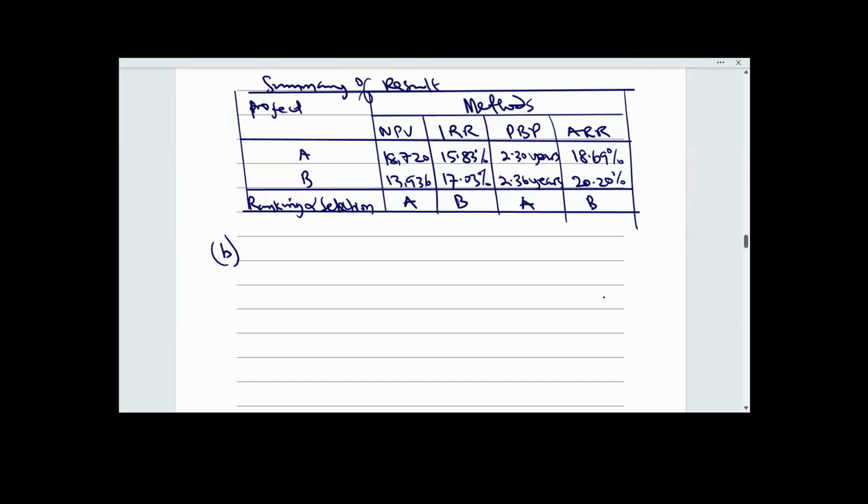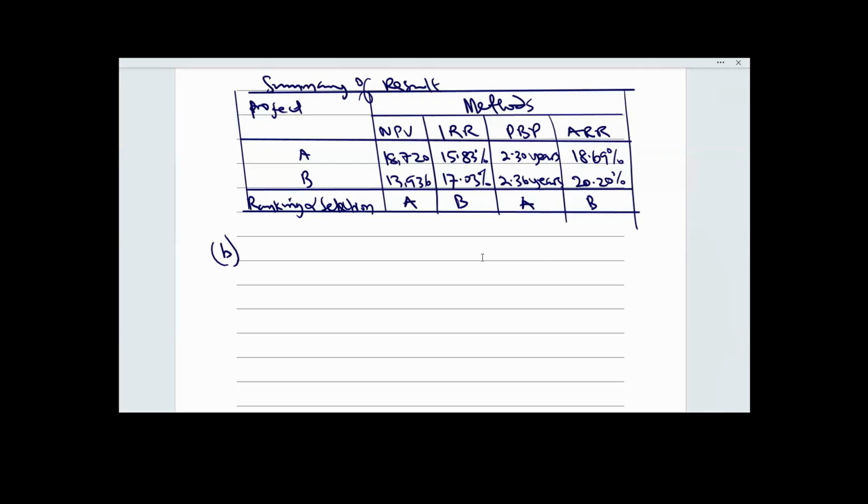You are correct, Andrew. You are a fast learner. So that's what I said. The rule is that when ranking between mutually exclusive projects, the decision should be based on NPV, because NPV is a technique that is consistent with the shareholders' wealth maximization objective and is also an absolute measure of profitability.